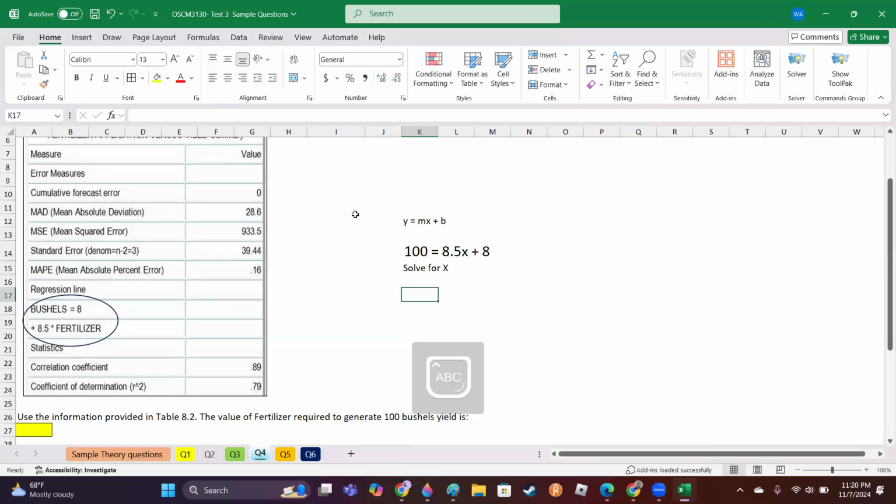Okay, so since I want to solve for x, we can simplify this equation and say x equals 100 minus 8, and I'm going to divide that by 8.5. Okay. And if you do the math on this, you get your value of x. Okay. So x equals 10.84.